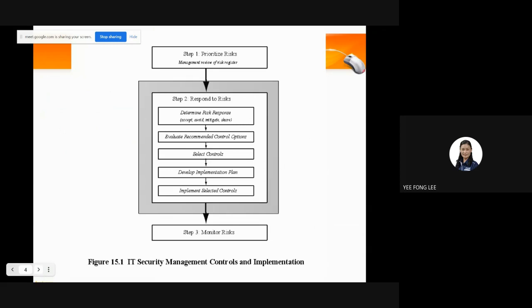So previous week we covered up to step 2, half of step 2. So this chapter today we will focus on the later stages, which include selecting controls, developing the implementation plan, follow-up, and monitoring. So these are the second part that we will cover today.